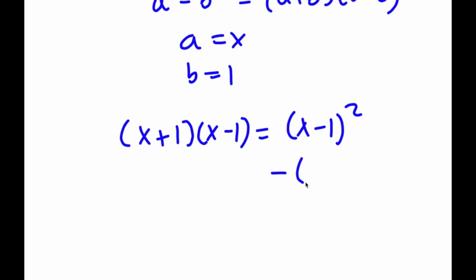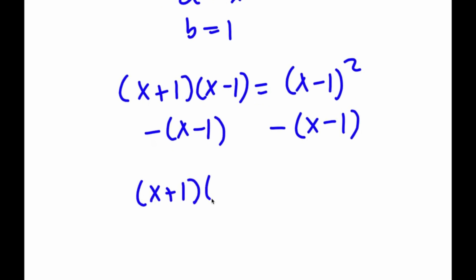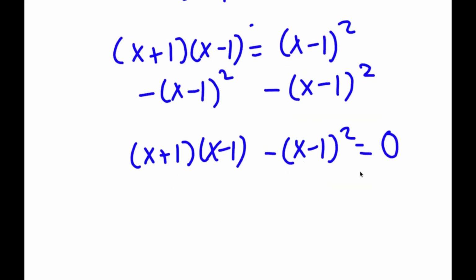Now, if I subtract x minus 1 squared from both sides, I get x plus 1 times x minus 1 minus x minus 1 squared is equal to 0.